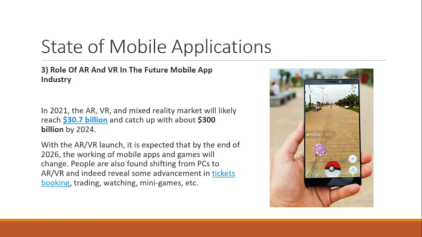People are also found shifting from PCs to AR and VR, and indeed reveal some advancements in ticket booking, trading, watching movies or mini games, etc. If you are familiar with the game Pokemon Go, that implements augmented reality technology. I think some applications also implement VR and AR technologies. Okay.